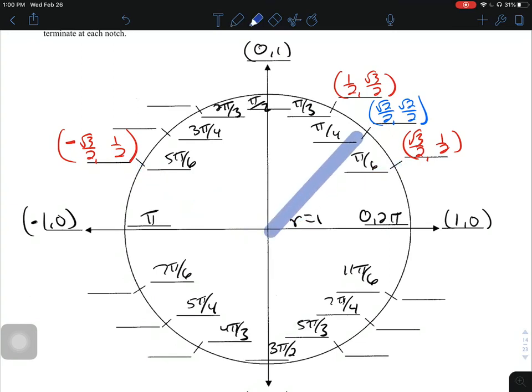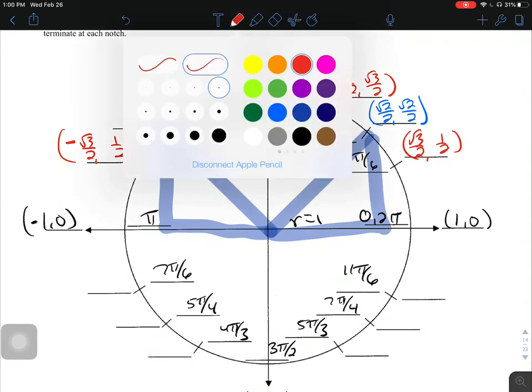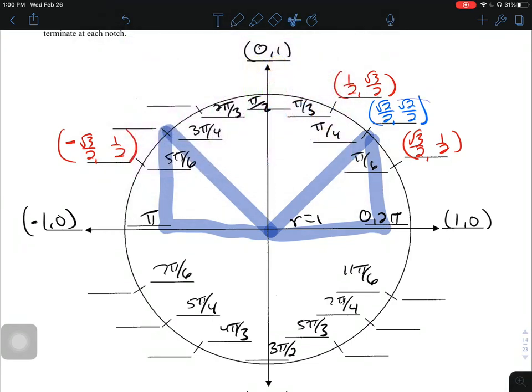Likewise, pi over 4 and 3 pi over 4, they have the same reference angle. Therefore, they have the same reference triangle, which means these ordered pairs that we have over here are the same. What's the difference? The difference is we went left. The x value is negative in quadrant 2.